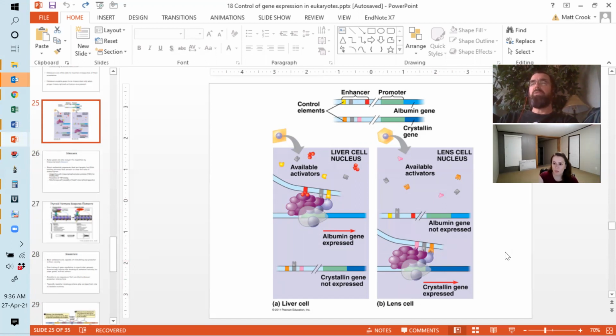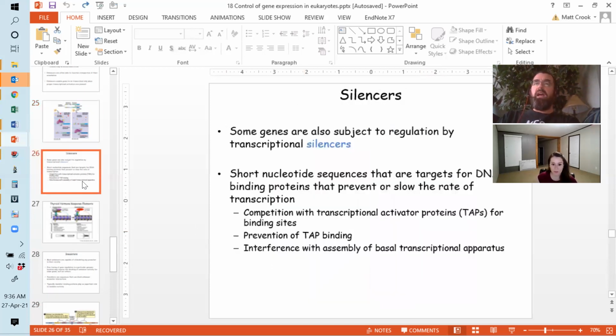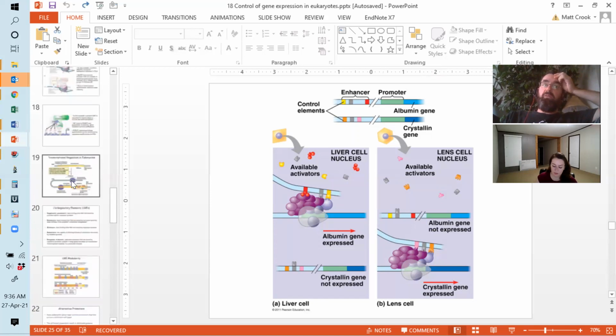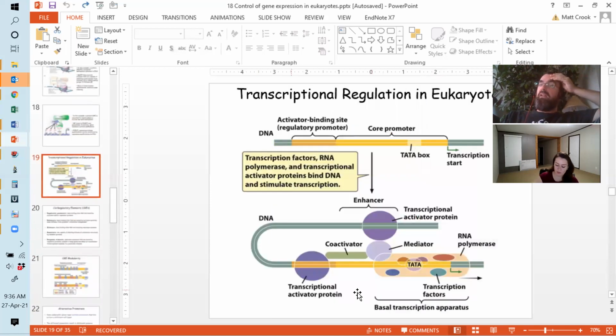Operators are really in between the promoter and the gene, whereas silencers are more typically bound to the promoter itself, and also just prevent the binding of transcriptional activator proteins. So if we go up here, this is another example of competitive binding. Typically you'll have these DNA sequences that are recognized by activators.